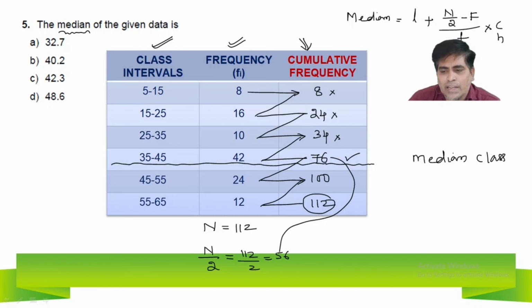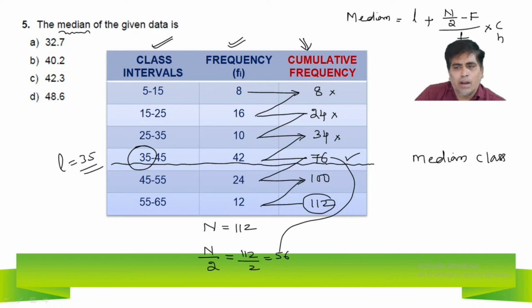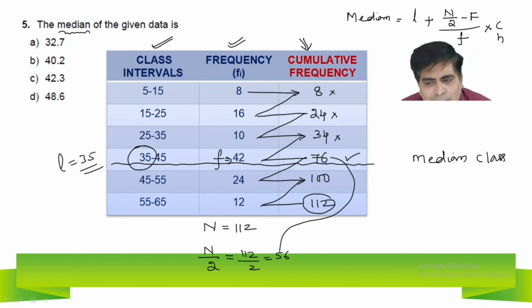So when we declare it as a median class, we will get many values in this median class. One is the lower boundary of the median class, L, which is 35. Then small f is 42. What is the value of small f? It is nothing but the median class frequency.